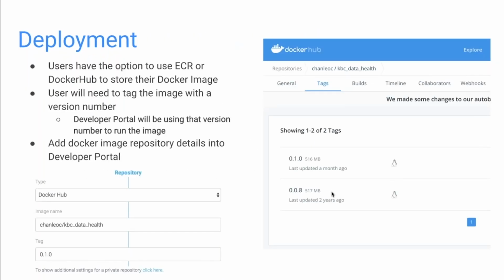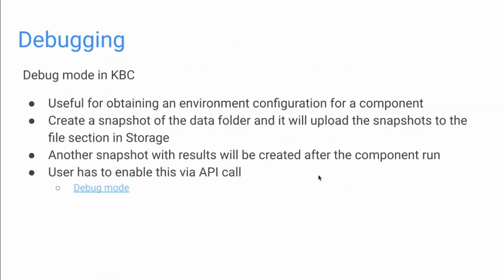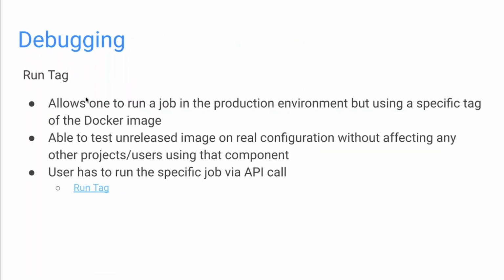So let's say in the production environment, in the developer portal, the current version is 0.0.8, and let's say I'm developing 0.1.0 right now. If I want to run this version in the production environment, we can do that through run tag.